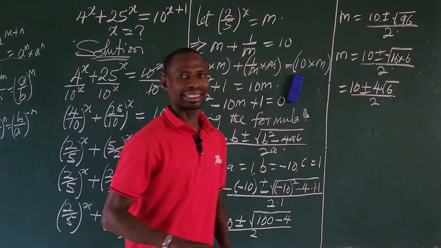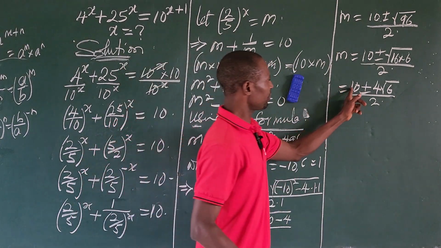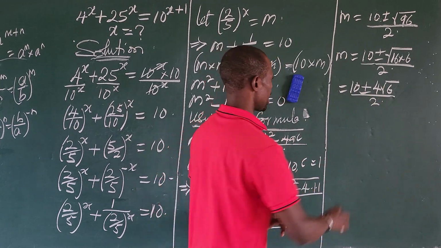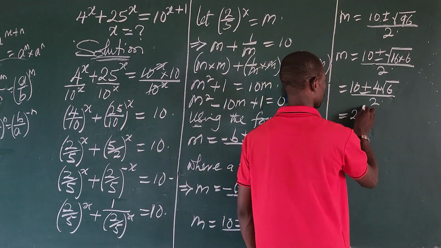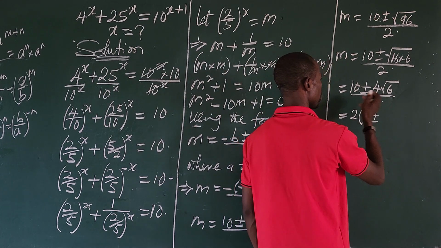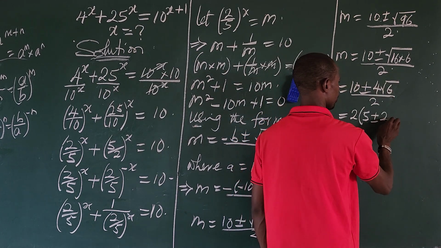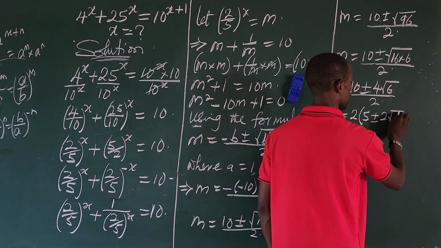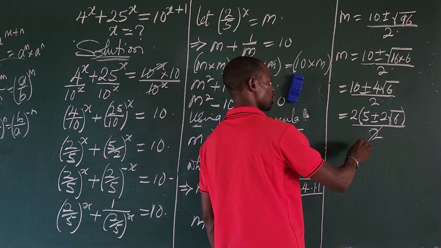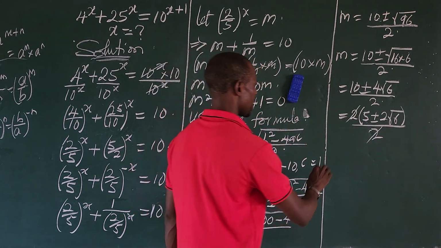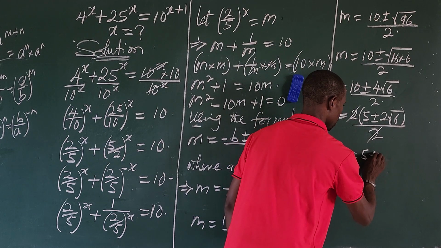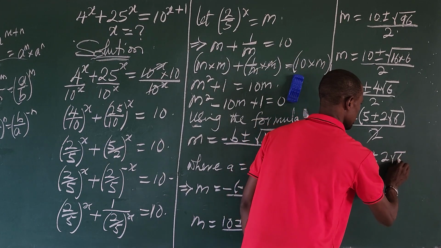Look at the number we have at the denominator is 2. So let's factor out 2 from here, because 2 can go into 10 and 2 can go into 4 without remainder. So if we factor out 2, 2 into 10 will give us 5 plus or minus 2 into 4 will give us 2, then into the square root of 6, all over 2. So what happened? These 2 goes with these 2 here. So we now end up having m will now be equal to 5 plus or minus 2 root 6.